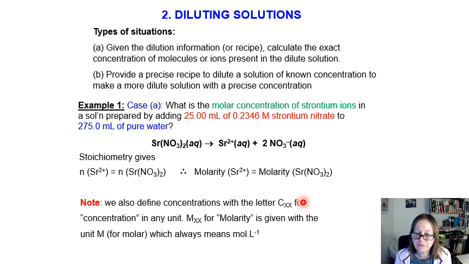Concentrations are also defined with the letter C, C_XX, for a concentration given in any unit. When we have this M_XX for molarity, it means that the unit is in moles per liter. It's a molar concentration, so we'll use the unit M.